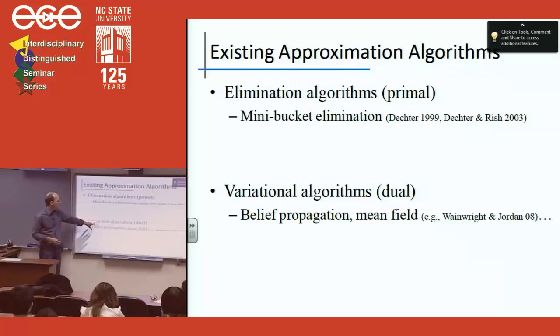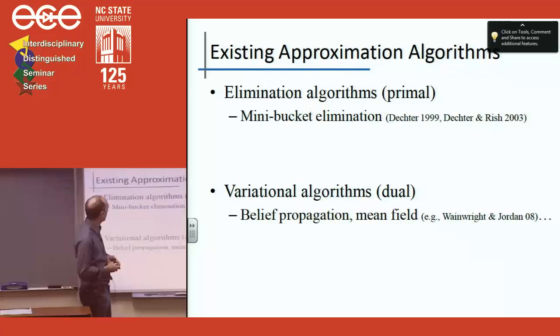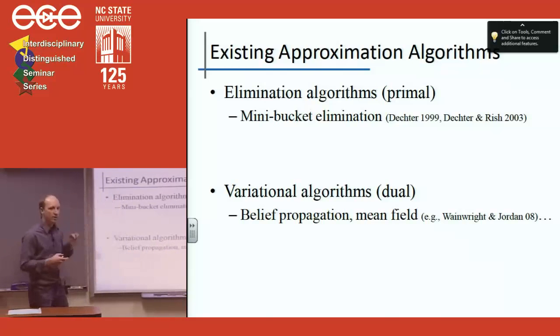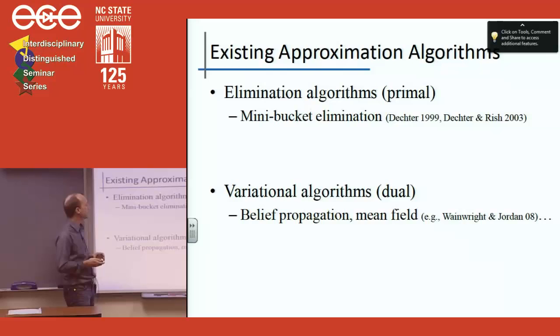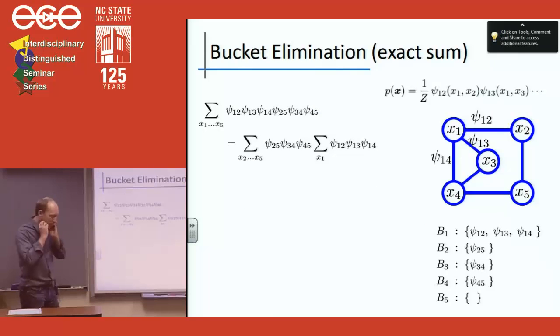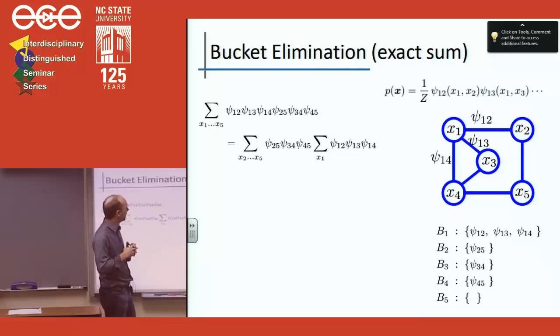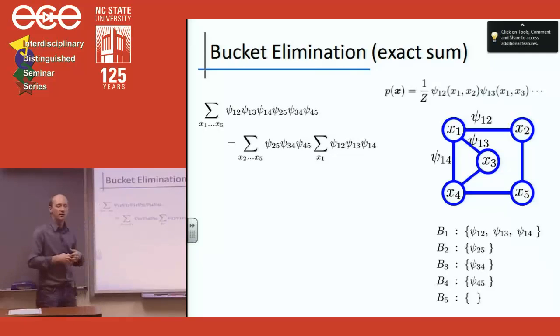More popular now have been variational algorithms, like message passing algorithms, such as belief propagation. These have really proven to be incredibly powerful and have really changed the field in many areas. And in fact, these turn out to be closely related, so I'll discuss that as well. So elimination algorithms are essentially just a smart way of doing the procedure itself.